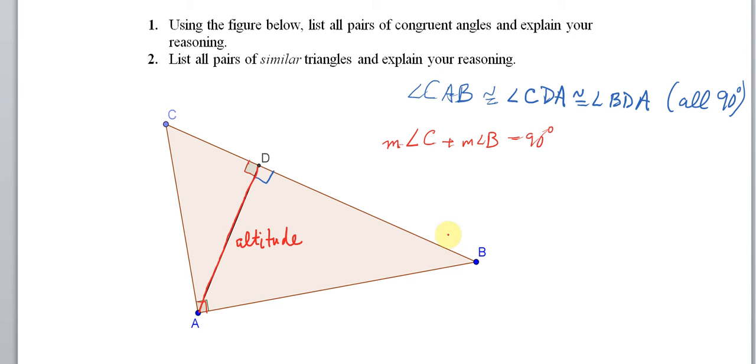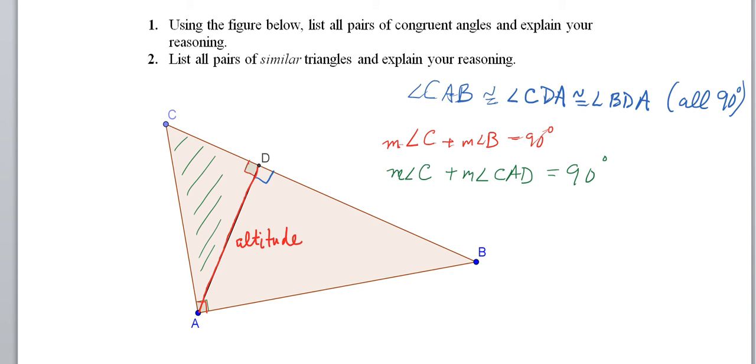By that same reasoning, we can look at just this triangle right here, this green triangle, and angle C and angle CAD also add up to 90 degrees. Angle C plus the measure of angle CAD, that's this one down here, adds up to 90 degrees as well.